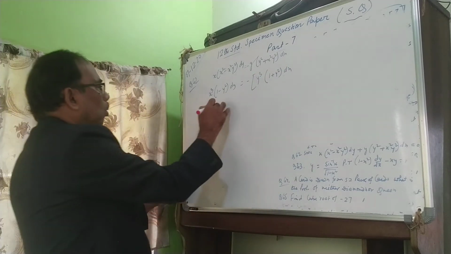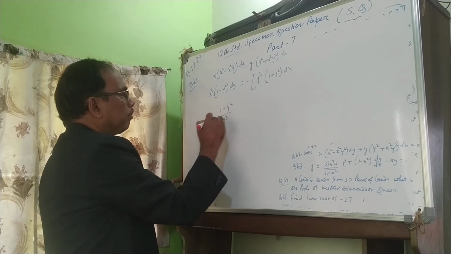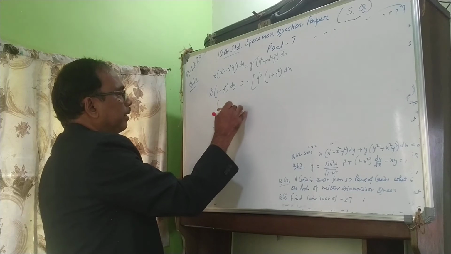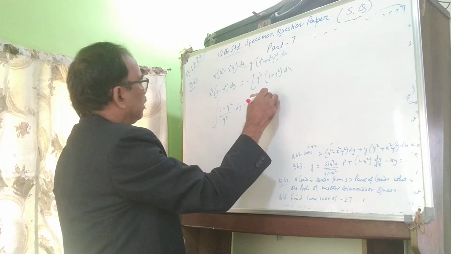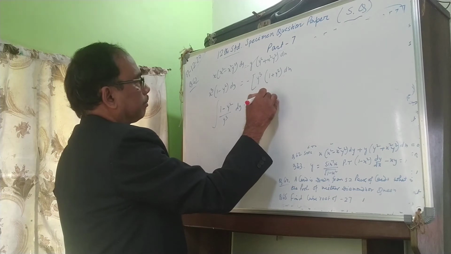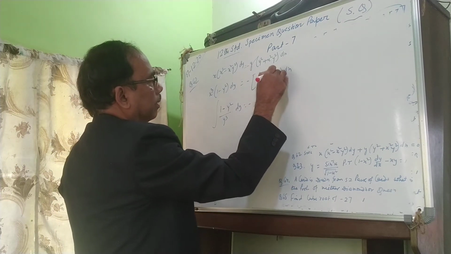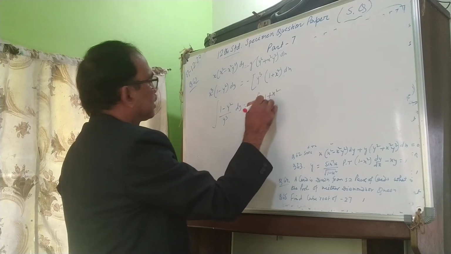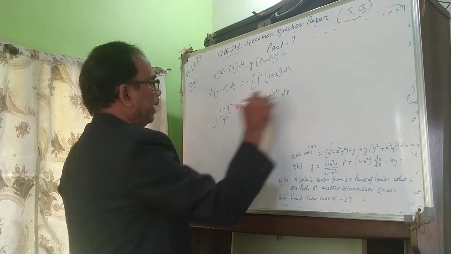Now (1 minus y square) by y cube dy, integration, equals minus (1 plus x square) by x cube dx.